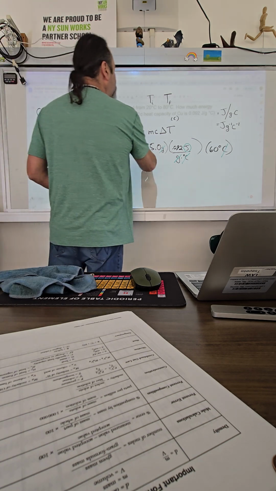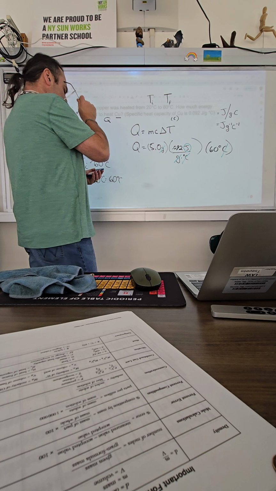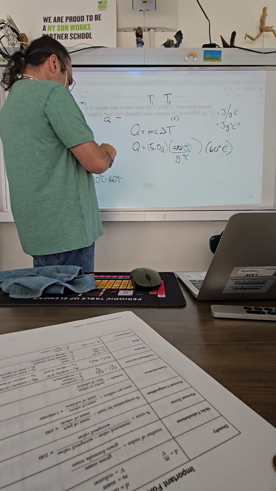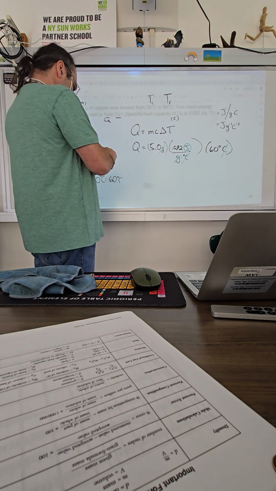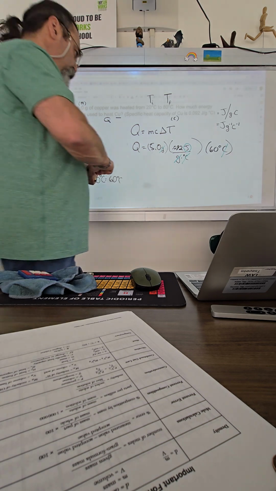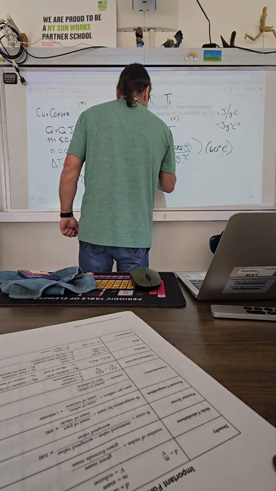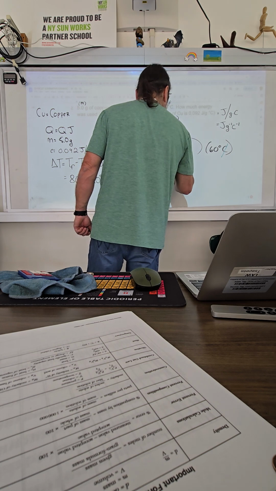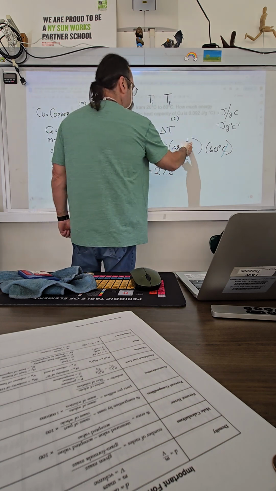So it's just going to be 5 times 0.092 times 60 equals 27.6. So Q equals 27.6 what?